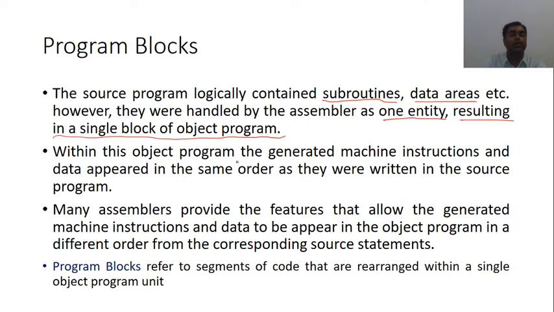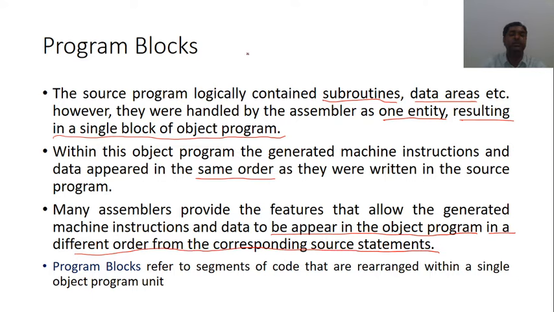Within this object program, the generated machine instructions and data appeared in the same order as they were written in the source program. But many assemblers provide the feature that allows the generated machine instructions and data to appear in the object program in a different order from the corresponding source statements.